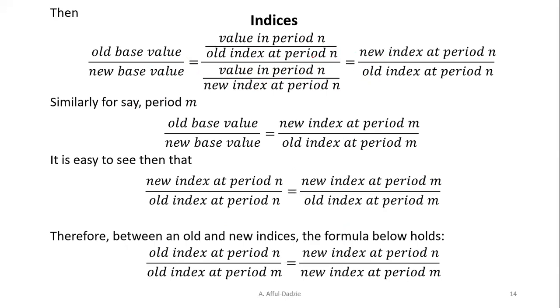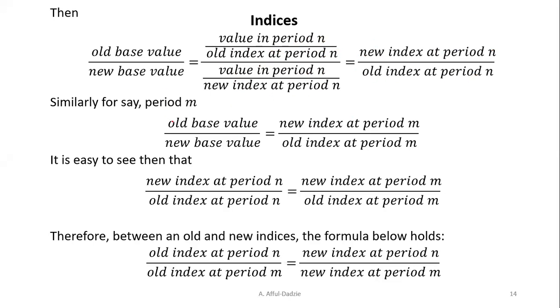With these two values, this and this tend to be the same, because hypothetically we are interested in a certain value at a certain point. But here, these are not the same: old value at period N, old index at period N, and new index at period N. So this and that would cancel. Then you have new index at period N over old index at period N.